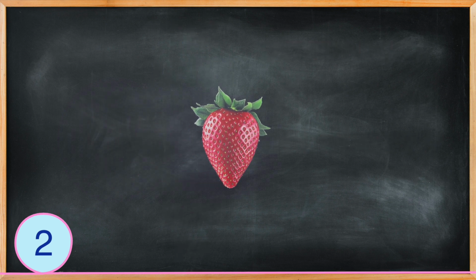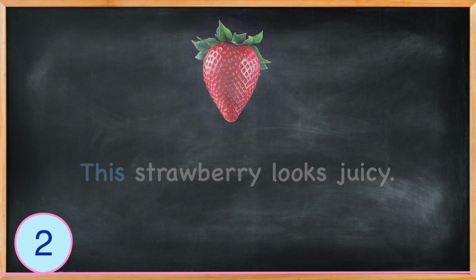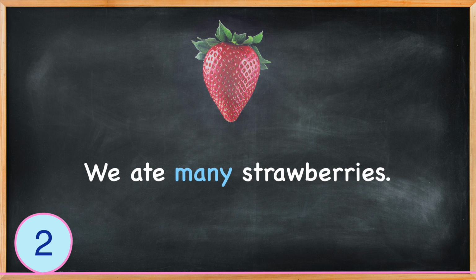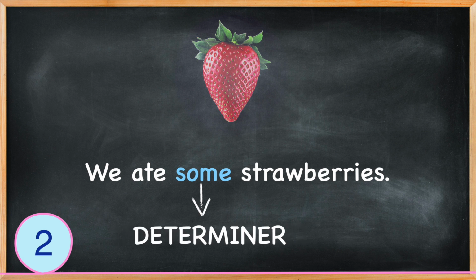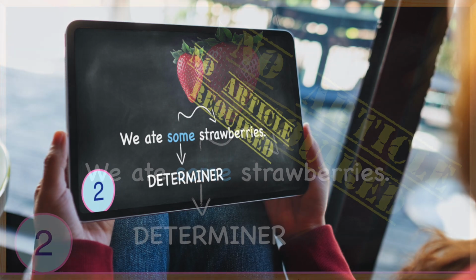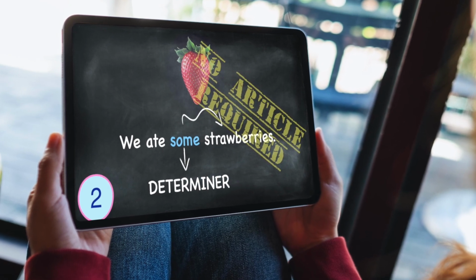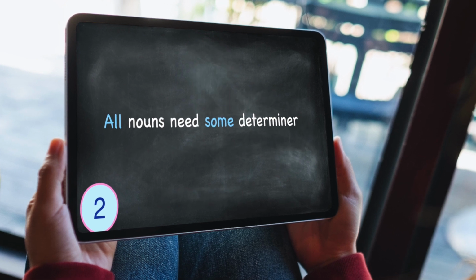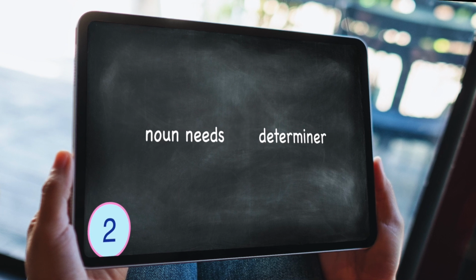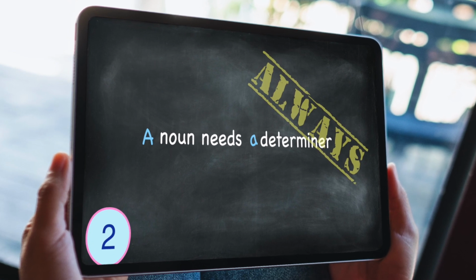So we might have this strawberry, your strawberry, two strawberries, many strawberries, or some strawberries. Each of these words is a determiner, and when there is another determiner in front of our noun, we can forget about articles. Their job is already being done. But nouns always need some kind of determiner in front of them, and if there is not one already there, we need to use an article.